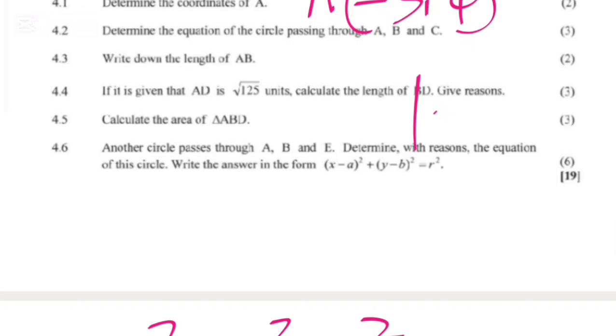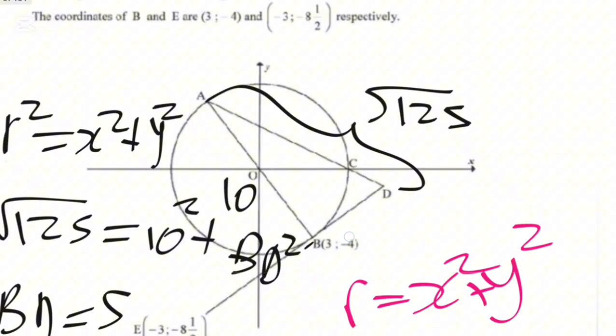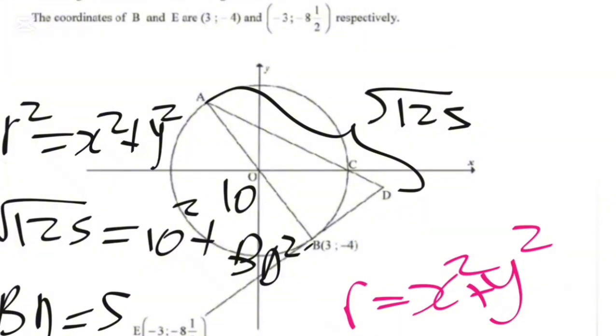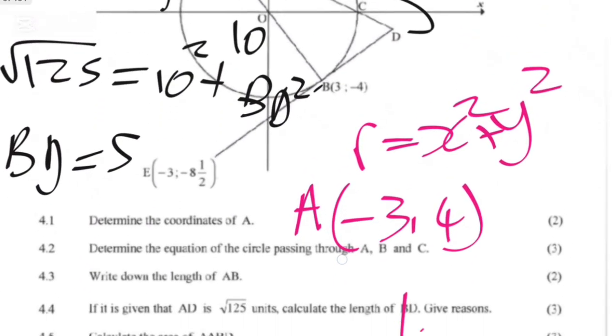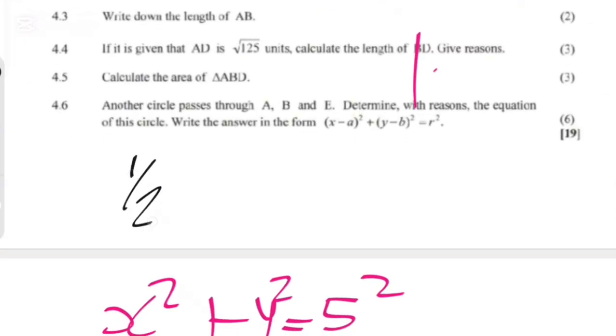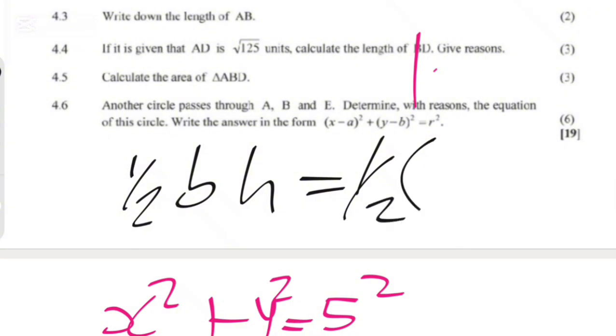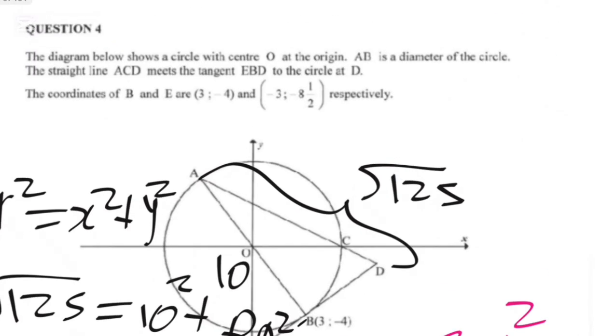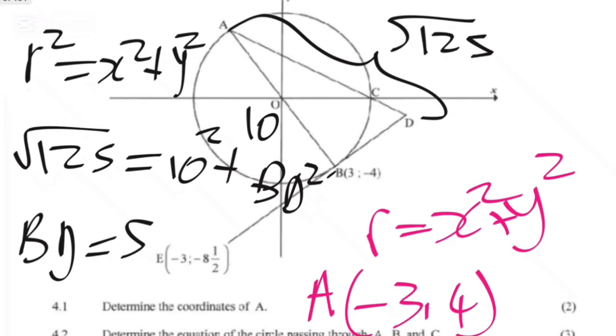Calculate the area of ABD. You know the lengths now. So area of a triangle is half base times height, which is half times, what's the base? Talk to me, guys. The base, we just calculated it, and this is the base, this is the height. Comment the base there.